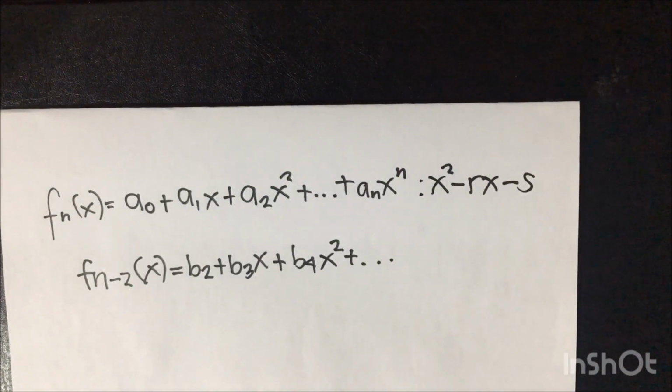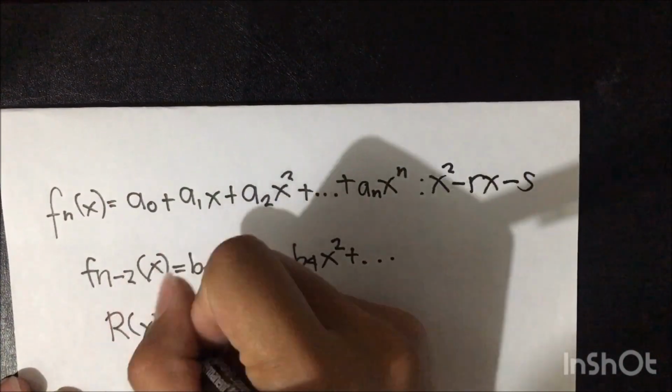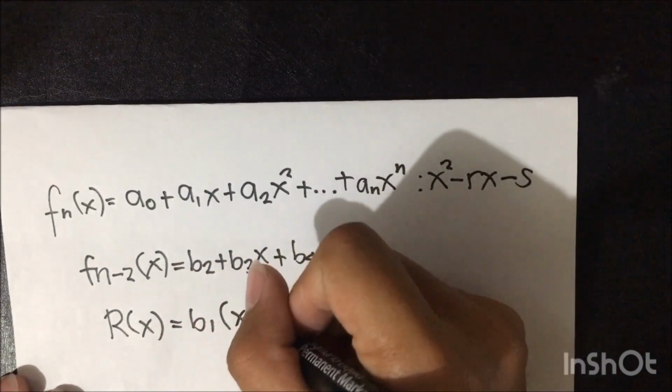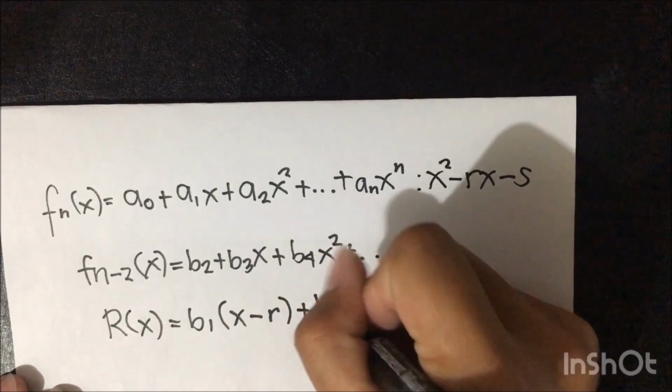At may remainder tayo na linear function, let's say R of x is equal to b sub 1 of x minus r plus b sub 0.